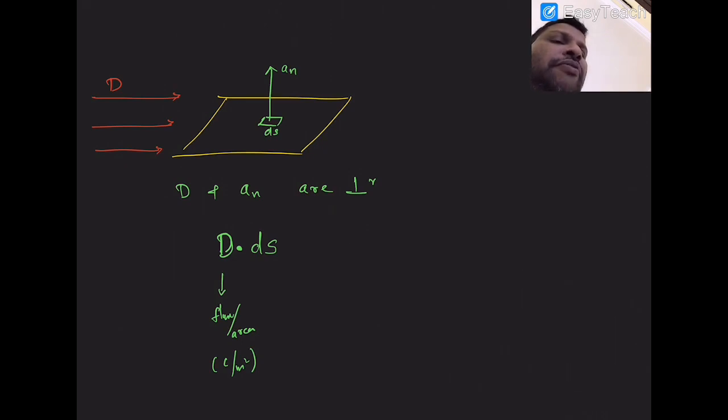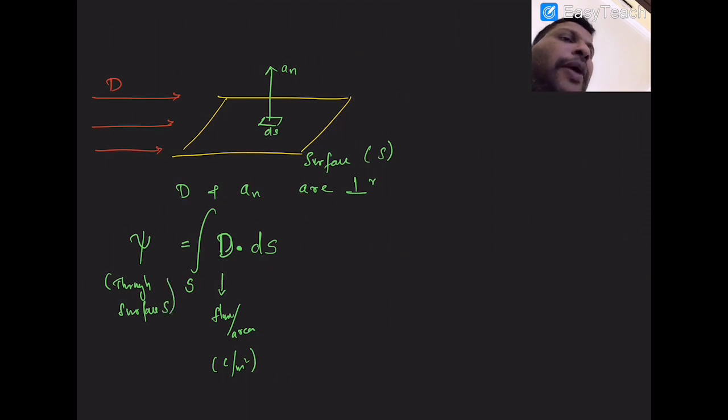Now if I do the integration, then I can find the total effect. Let us say the surface is given as S. If I am integrating over the whole surface, I will get the total flux psi through the surface S. Psi is the total flux and D is the flux density.